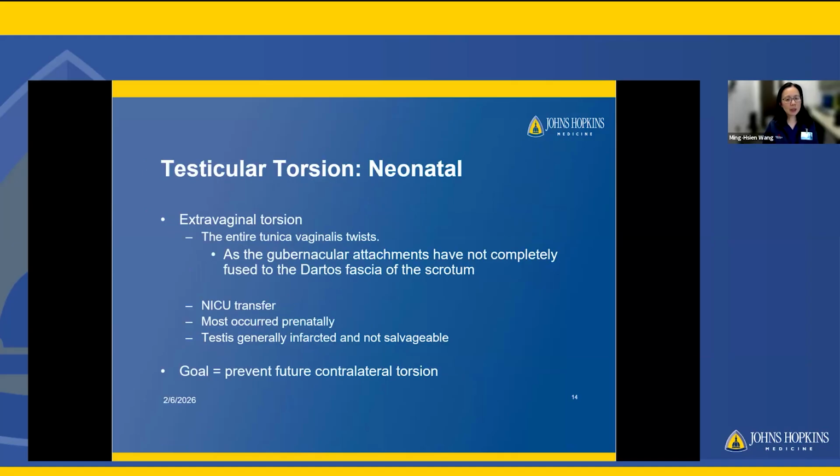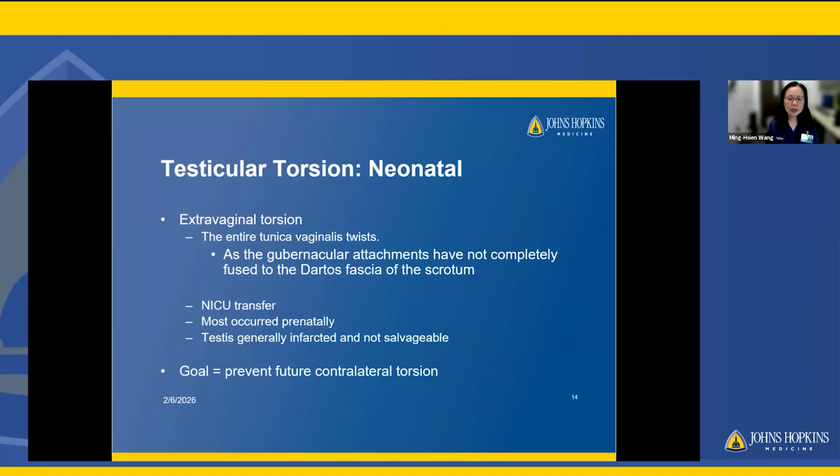So the next thing that we see occasionally, these are usually NICU or newborn nursery phone calls where they have a newborn baby. When they did the exam, it looks like the scrotal area is super swollen, super hard. They do an ultrasound and there's no flow to the testicle. So this is a very special occasion. It doesn't happen that often.